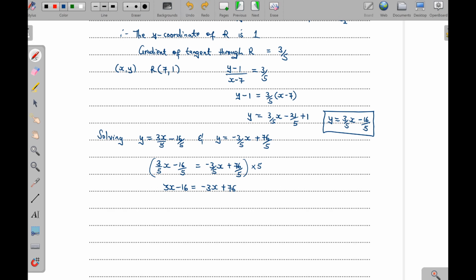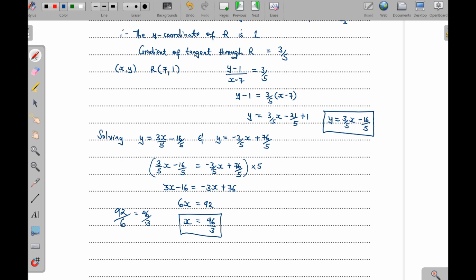Bring this one here, these ones will add up, so we shall have 6x equal to, take this 16 this side, 76 plus 16, which gives 92. So x will be equal to 92 divided by 6. This can be simplified by 2: 46 over 3.